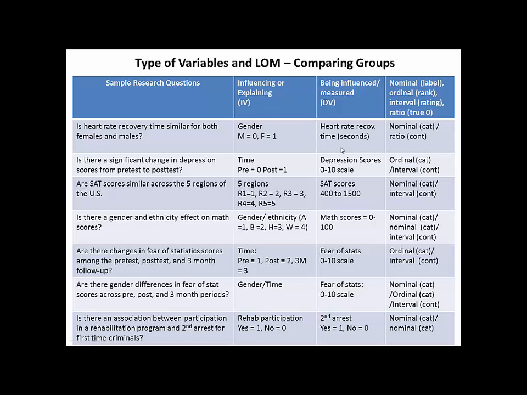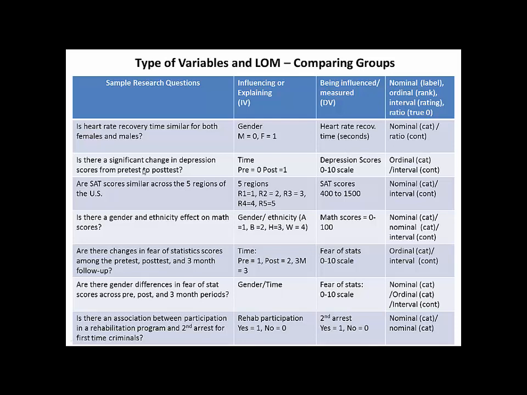Heart rate recovery time is going to be in seconds, and that is going to be a ratio variable because that is time, and time has an absolute 0. If you have 0 seconds, that means no time has elapsed. And that is a ratio variable, which is continuous.